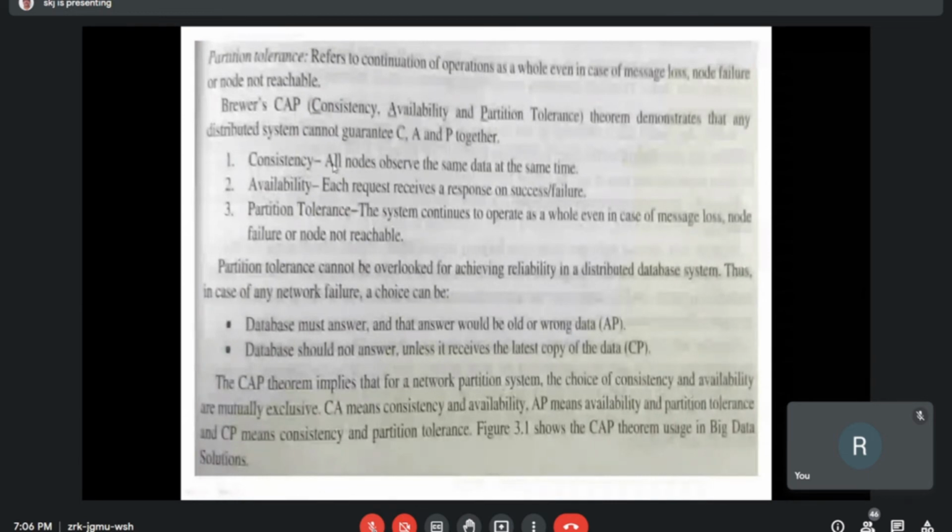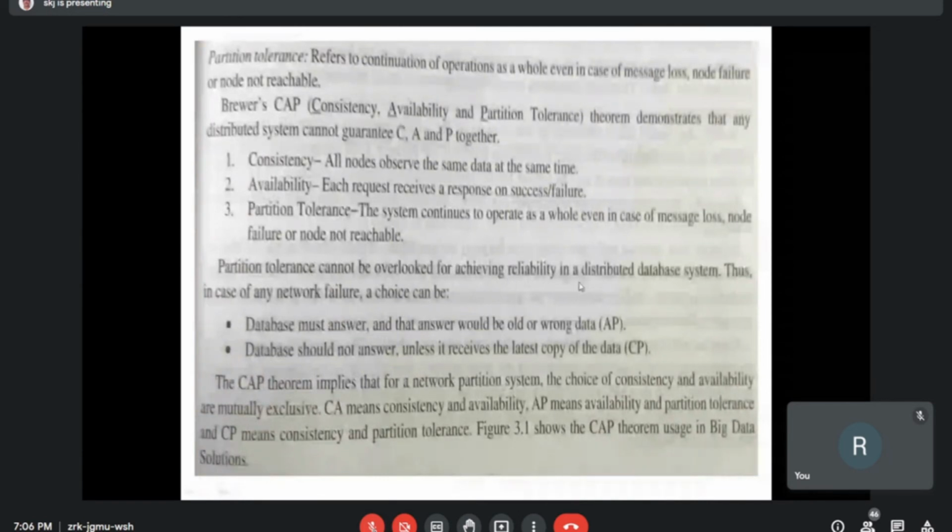Consistency: all nodes observe the same data at the same time. Availability: each request receives a response, on success or failure. Partition tolerance: the system continues to operate as a whole even in case of message loss, node failure, or node not reachable. Partition tolerance cannot be overlooked for achieving reliability in distributed database systems.